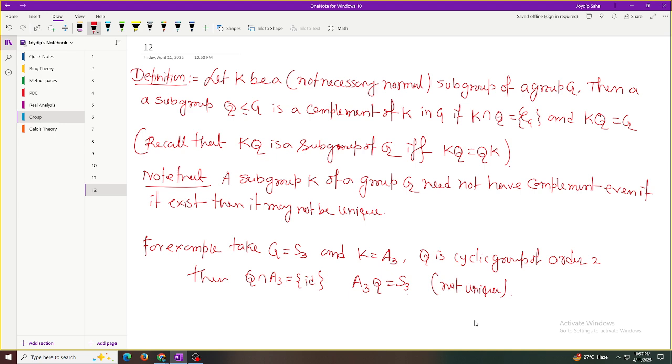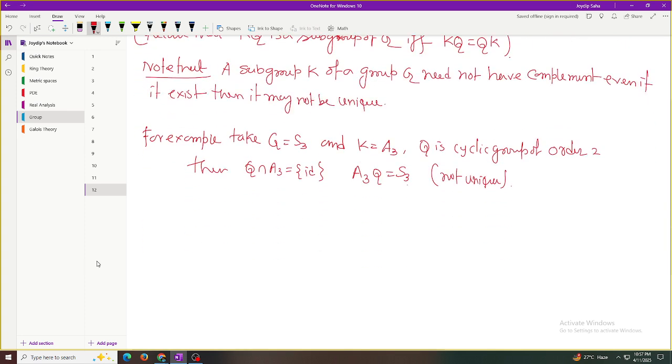Okay. Now, can you find an example where a complement need not exist? You have to take a non-normal subgroup. Okay, think about it.